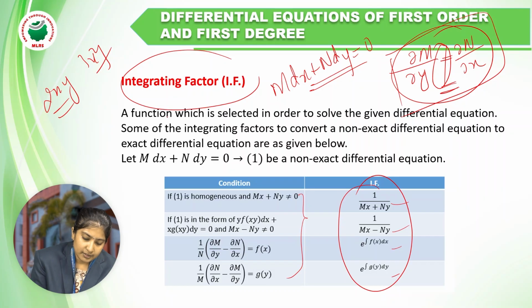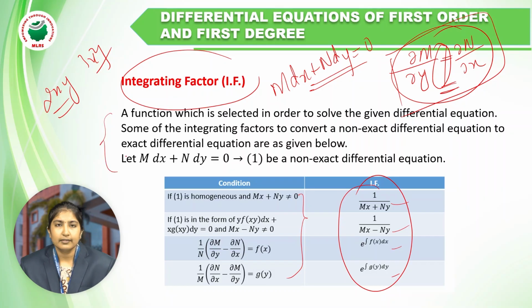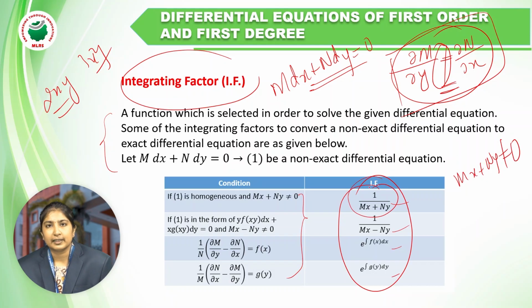Let's see the definition once again for a recap. A function which is selected in order to solve the given differential equation, to convert a non-exact differential equation to exact. Some of the integrating factors are given below. If the equation is homogeneous and provided Mx plus Ny is not equal to 0, then 1 by (Mx plus Ny) will be the integrating factor.